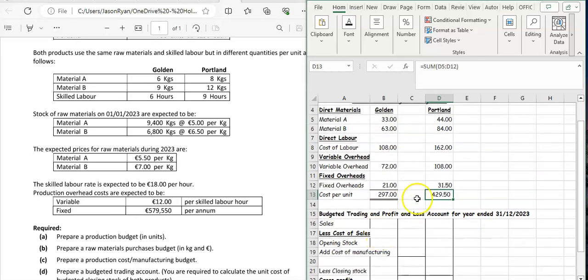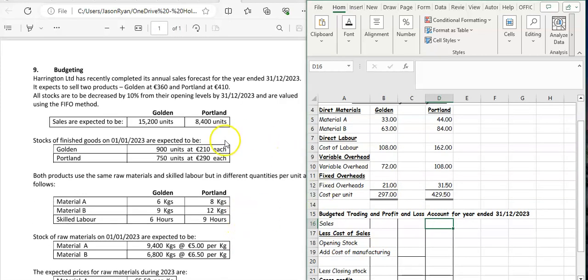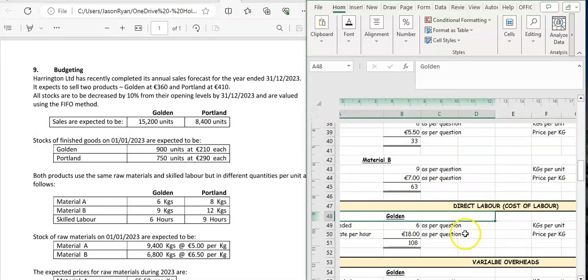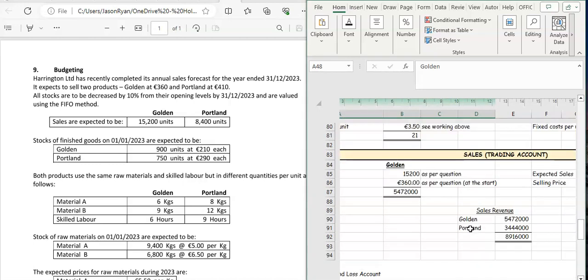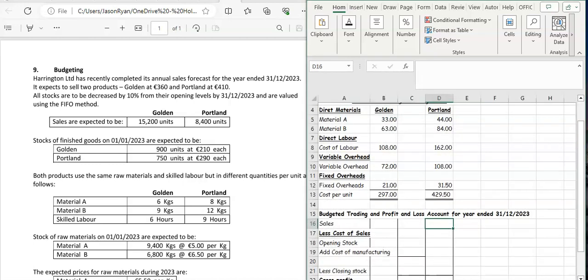Now the next thing to do is we can fill in our sales. So we know that we're producing 15,025 units. So 15,200.